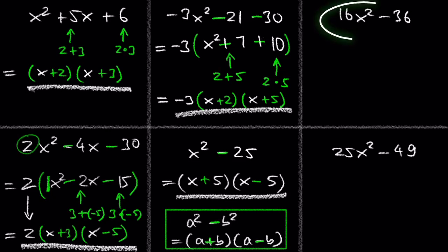What about 16x squared minus 36? The square root of 16 is 4. The square root of x squared is x. And the square root of 36 is 6.